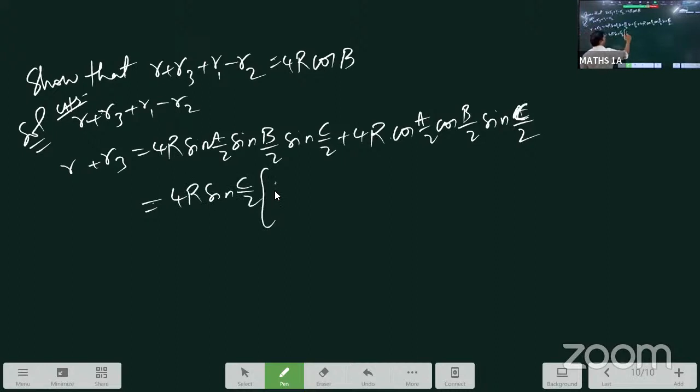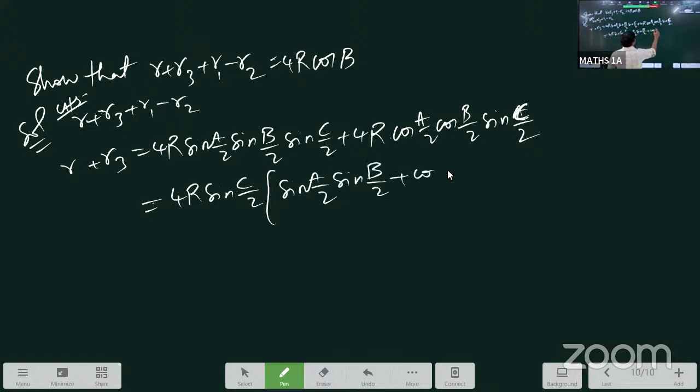Now that is nothing but 4R sin C by 2, you take common. And what will I be left with? 4R sin C by 2 common, right? Then sin A by 2 sin B by 2 plus cos A by 2 cos B by 2.